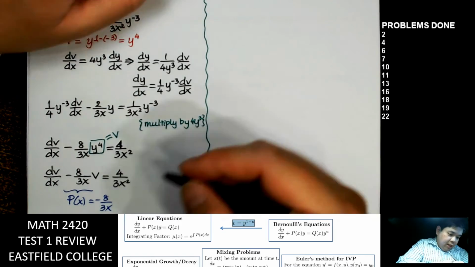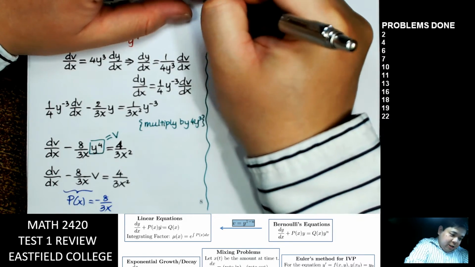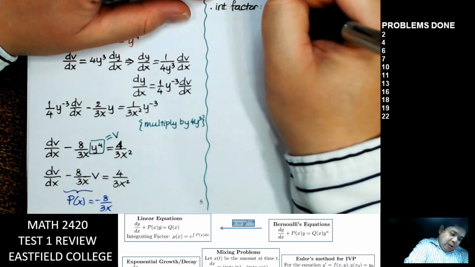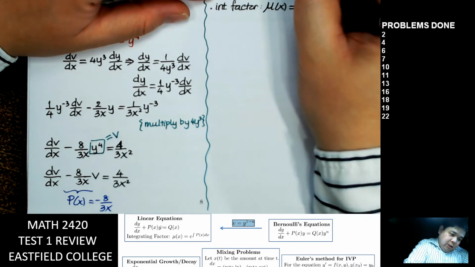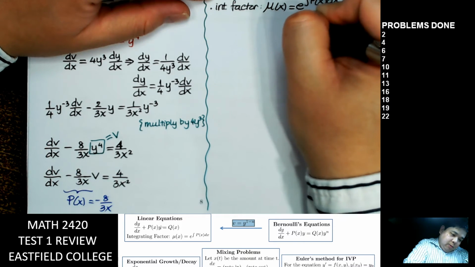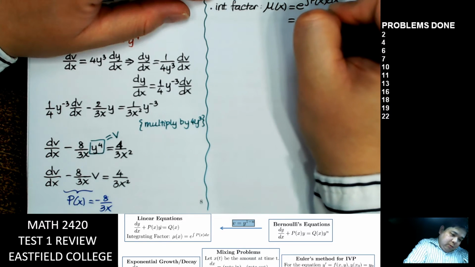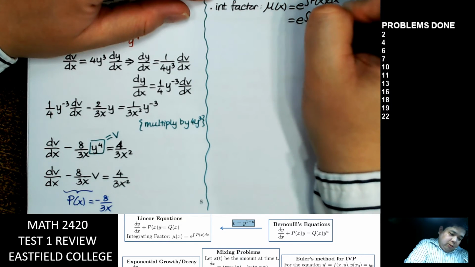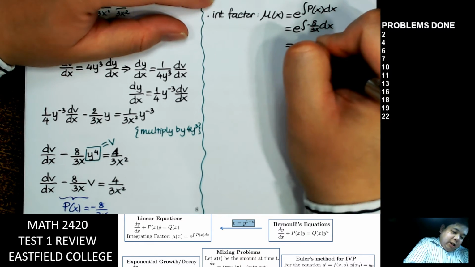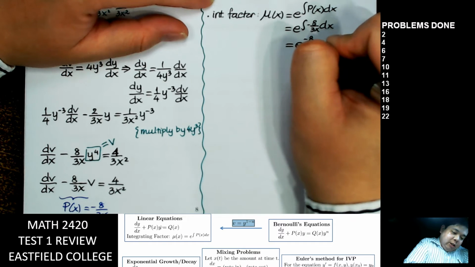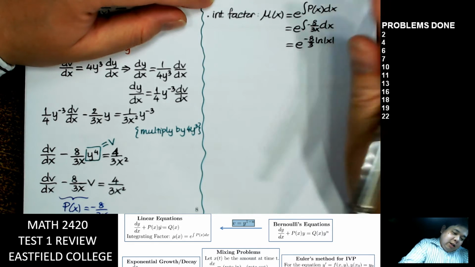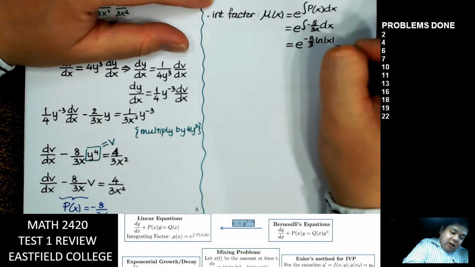Anyway, so the integrating factor will be e to the negative 8 over 3 ln of x, and we take the negative 8 over 3 inside.